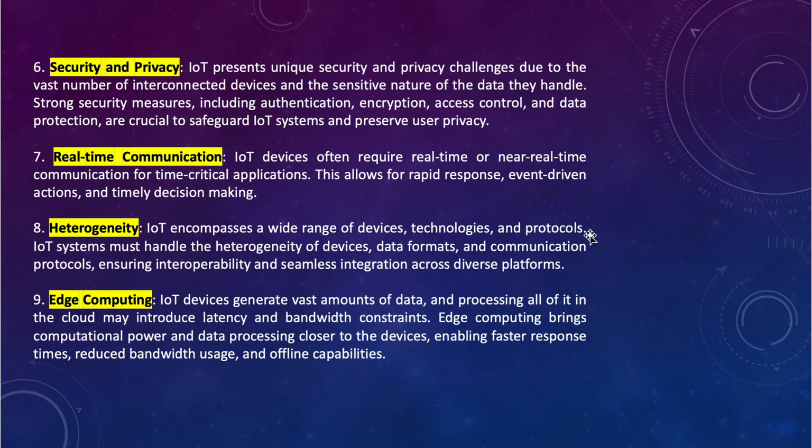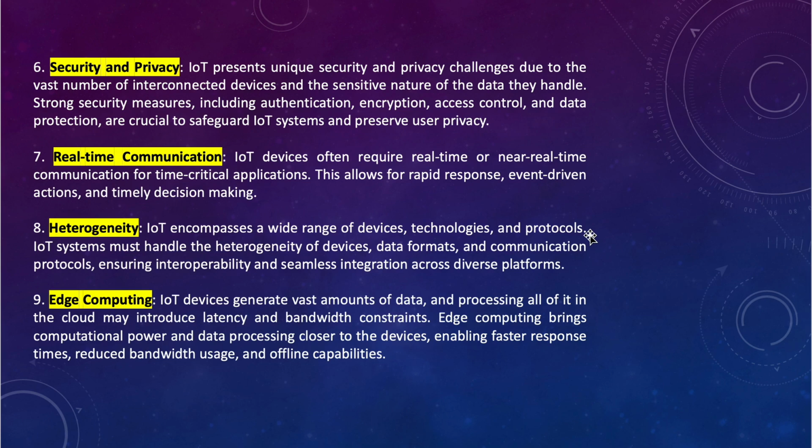Basically what it's trying to say is that the number of devices could be vast, the methods they communicate would be vast, the software which is running and the hardware on those devices would be totally different, right?